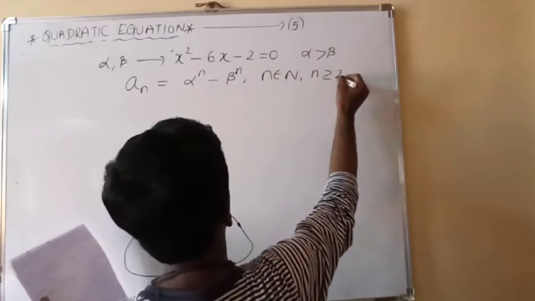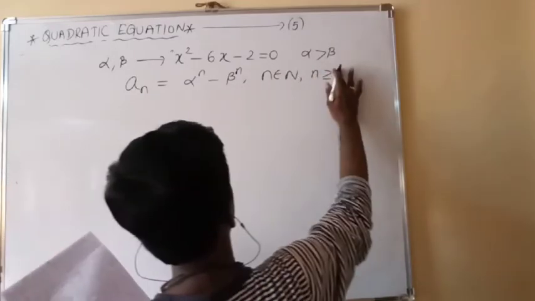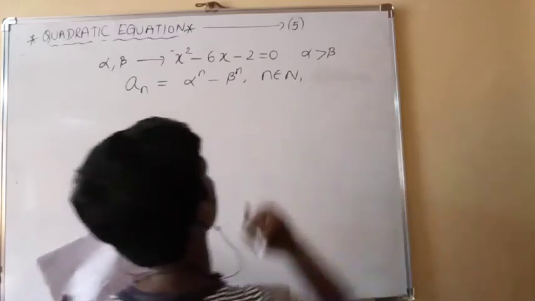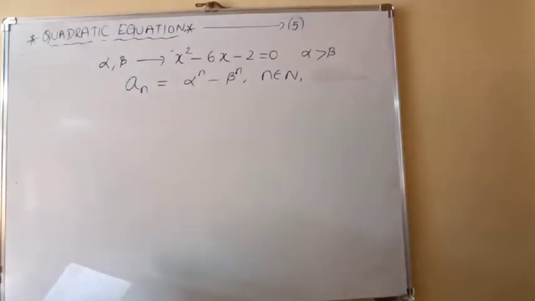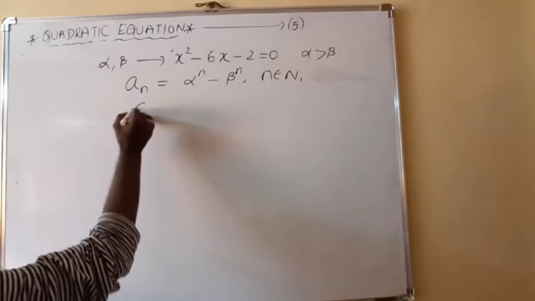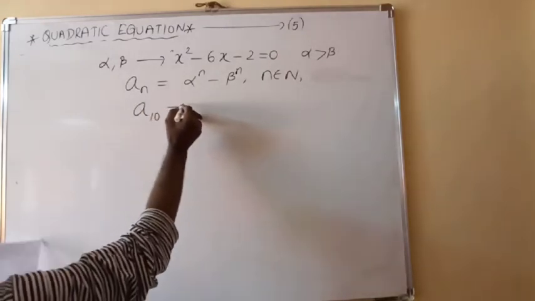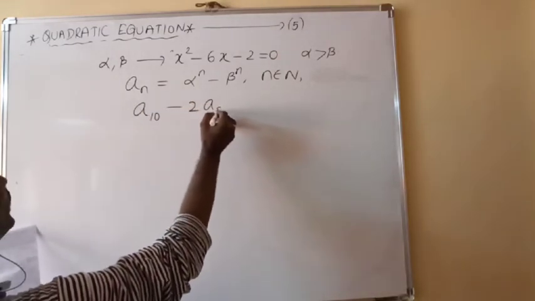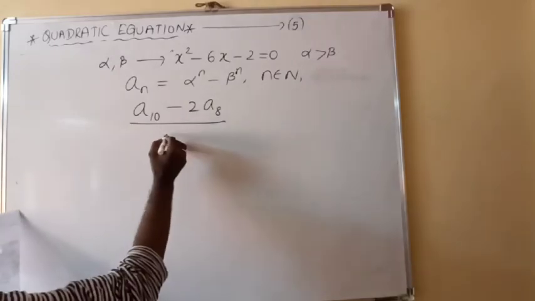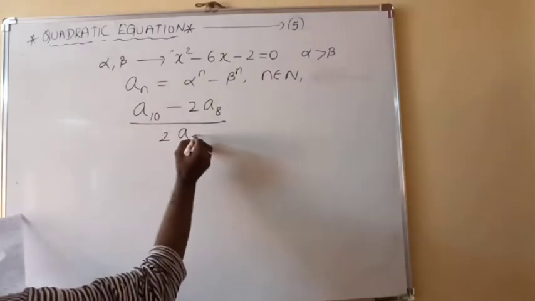Then find the value of a10 minus 2 times a8 divided by 2 times a9.